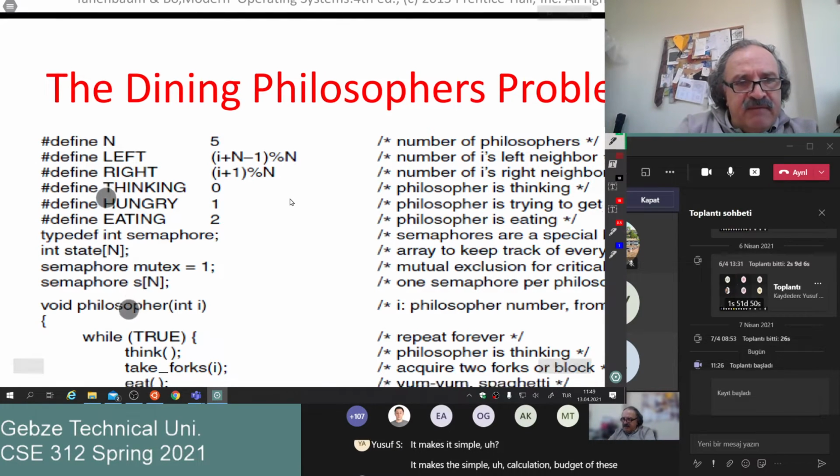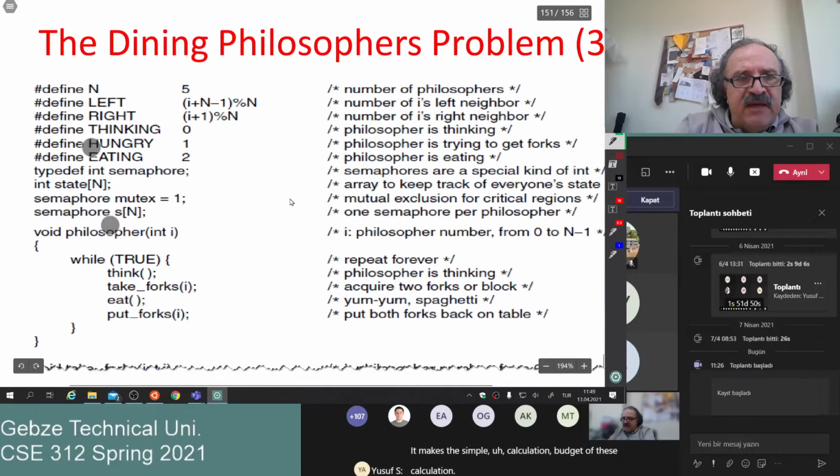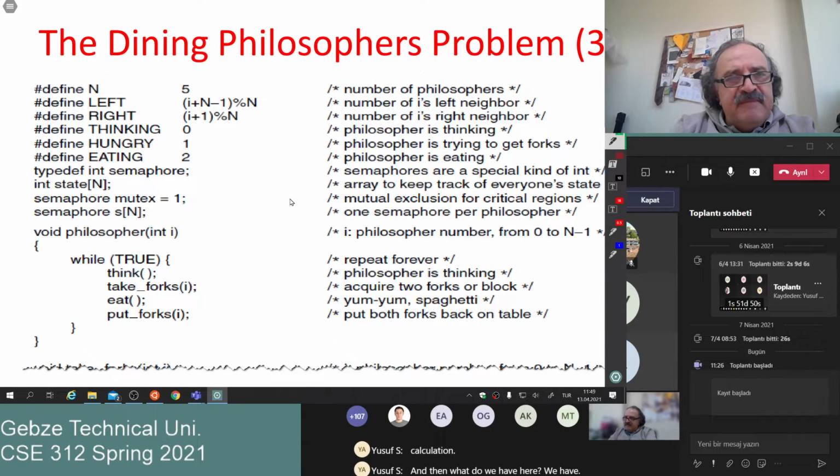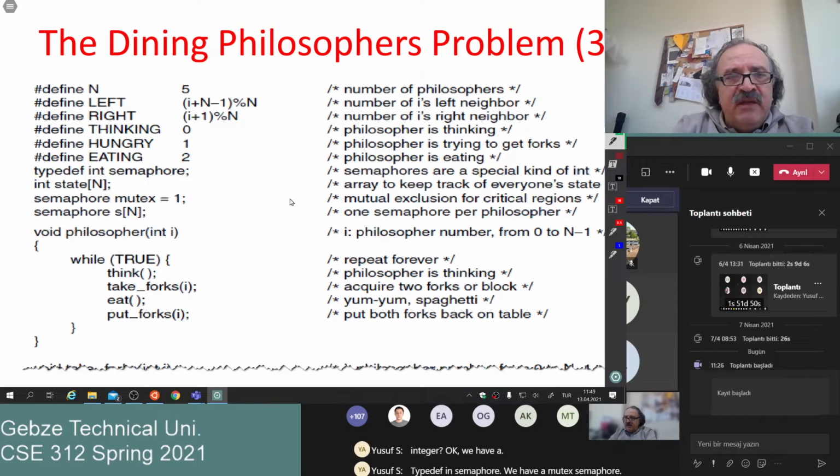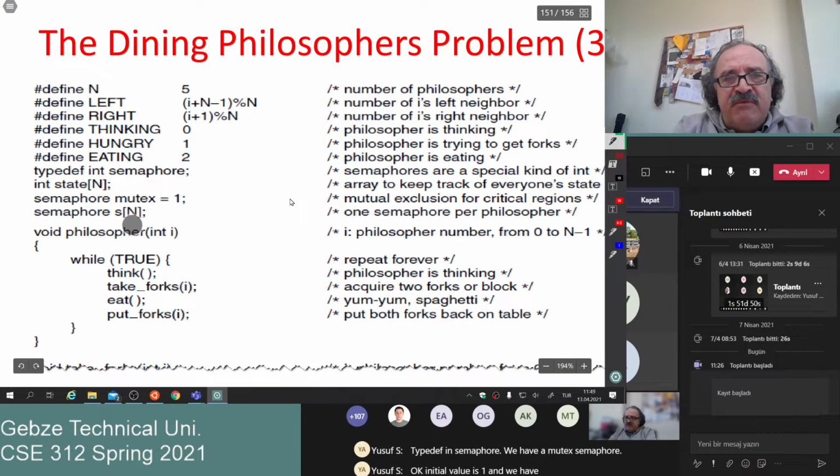And then what do we have here? We have semaphores. As you know, a semaphore is a simple integer. We have a typedef semaphore. We have a mutex semaphore, the initial value is 1, and we have 5 semaphores.